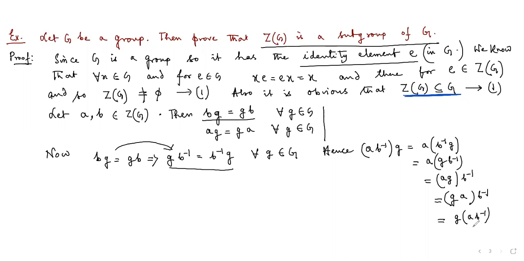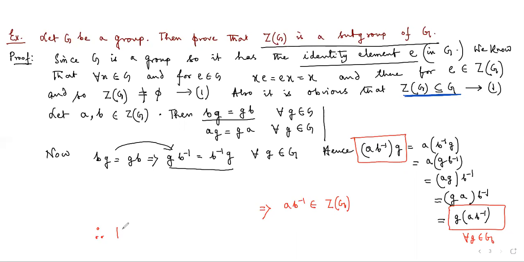So what we are getting, just look at this, is AB inverse G on one side and G into AB inverse on the other, which is true for all G belonging to capital G, and therefore AB inverse belongs to ZG.